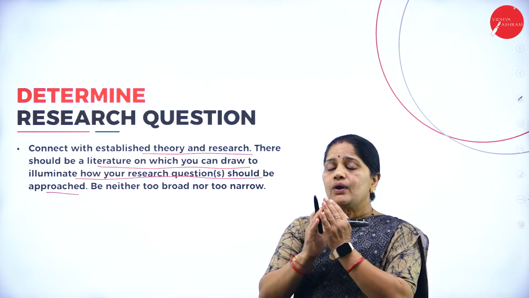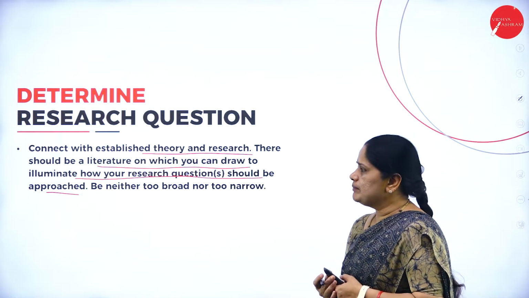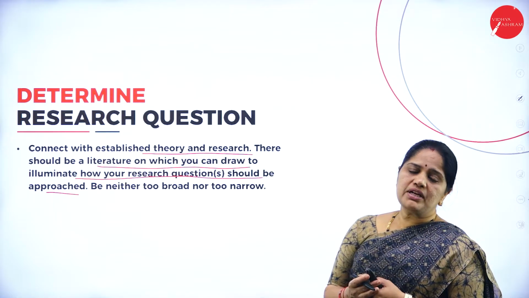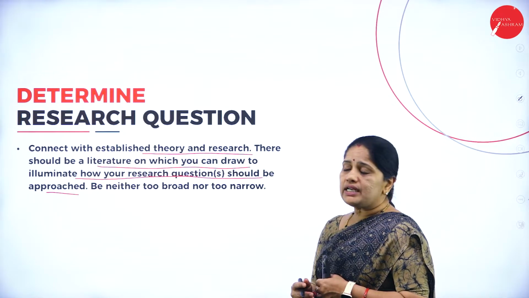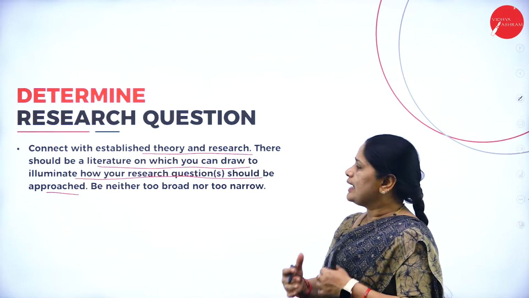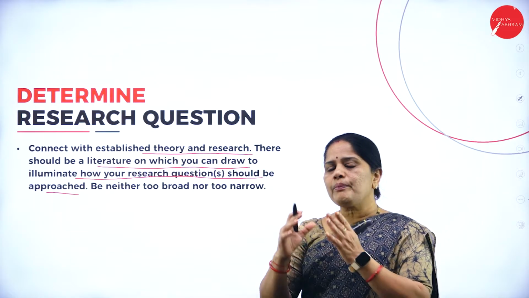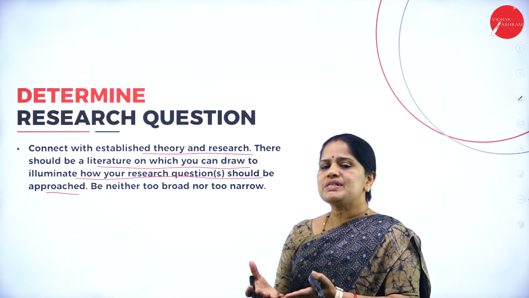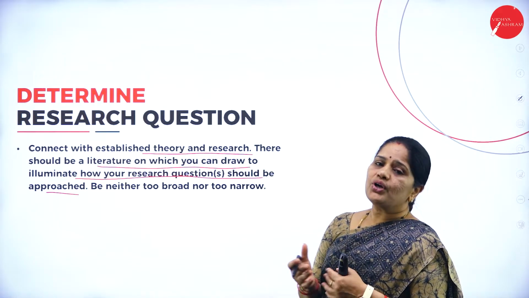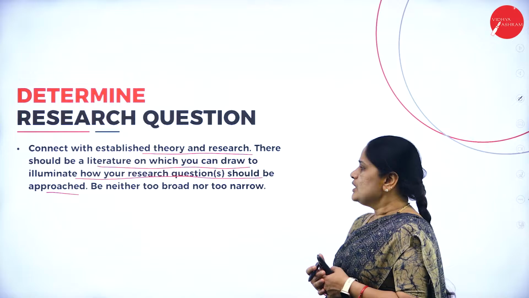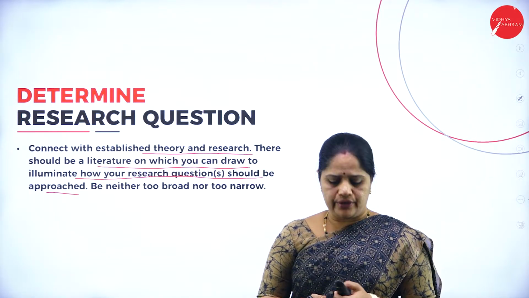And once we have done the review of the literature, we should be able to connect with the established theory and research. There should be substantial material on which you can rely upon for your area of research. It should be neither too broad nor too narrow.